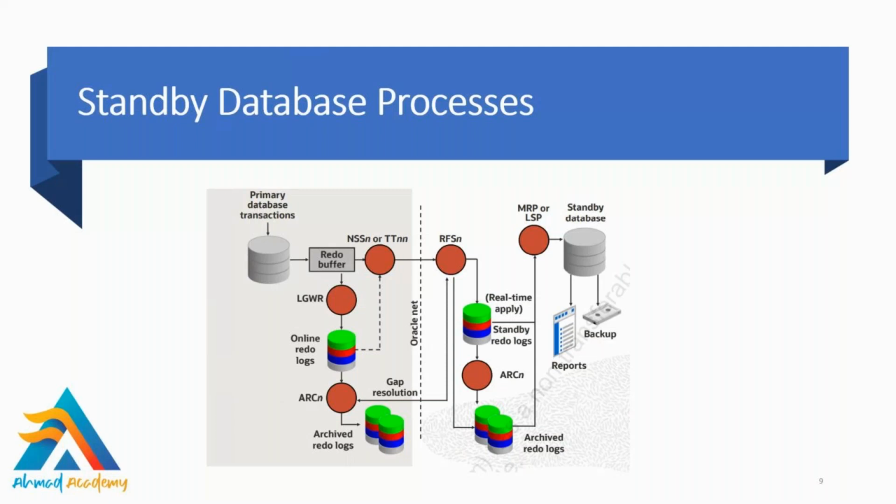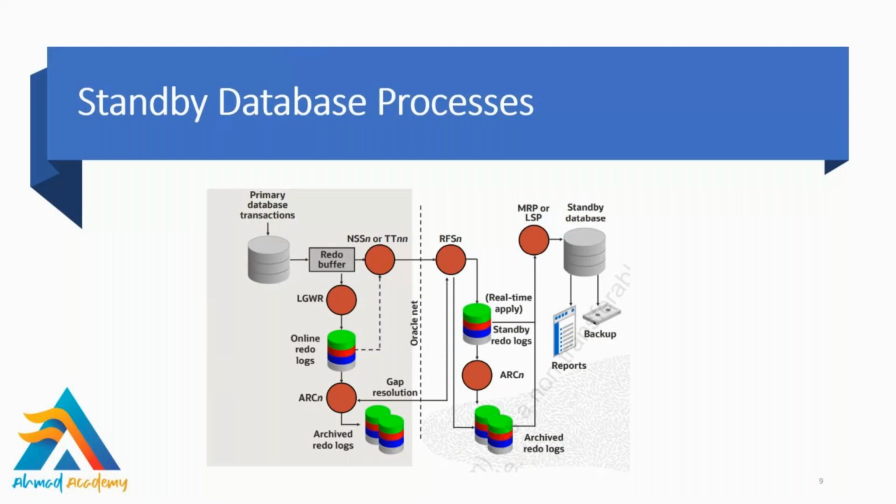An MRP process and LSP process mean managed recovery process and logical standby process. MRP is related to physical standby. So MRP will apply archive redo log information to the physical standby. If you start managed recovery with the ALTER DATABASE RECOVER MANAGED STANDBY DATABASE SQL statement, this foreground session performs the recovery.